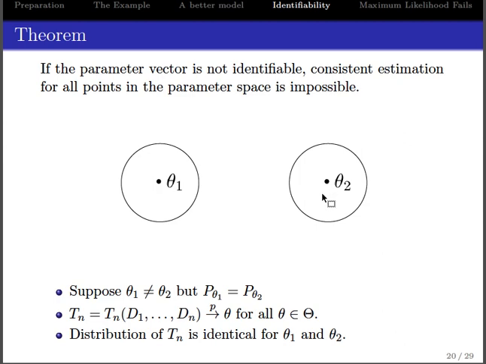And that's really the key of the epsilon delta type proof, that if you have the parameter not identifiable, consistent estimation for all points in the parameter space is impossible, which means that it's a failure. It's a failure as the sample size goes to infinity, which is when you would hope that you would get the truth.